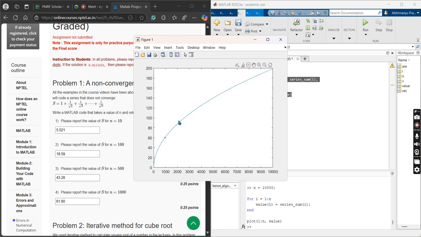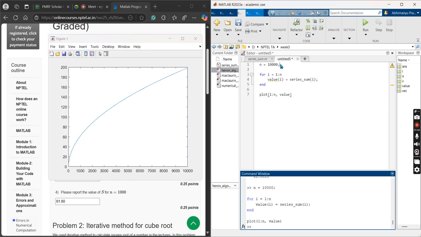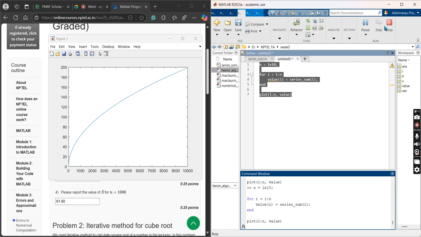okay, you see, the series is not converging. For up to 10,000 numbers also, this series is not converging. If I run it for more number of times, this will take time.